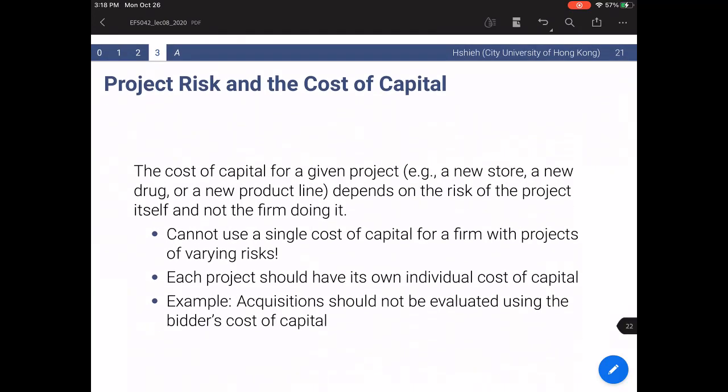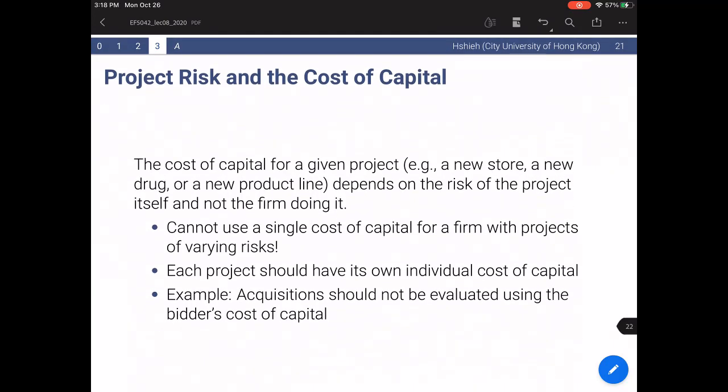Okay, so not only just for divisions, we can also think about project risks. In the case in which we have a new product line, again, it would be a mistake to use a single cost of capital to match the risk for a particular product line. Theoretically, each project should have its own individual cost of capital.